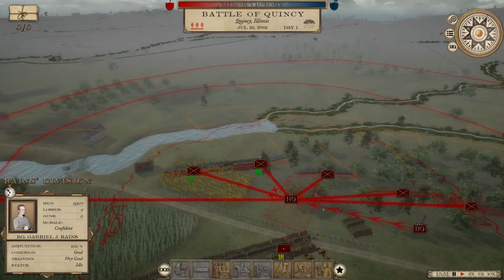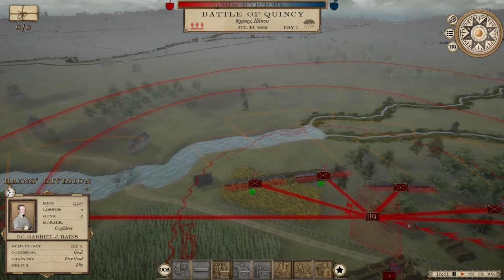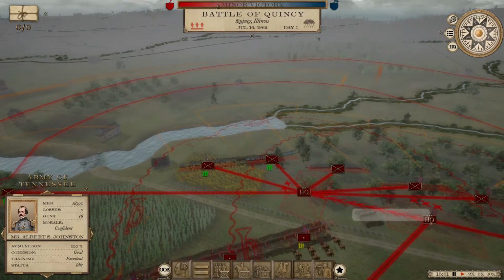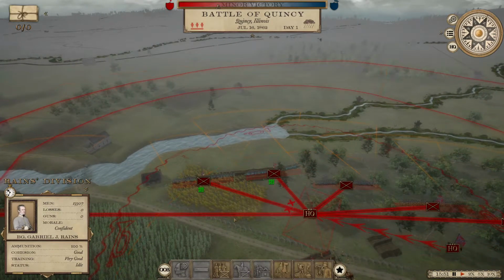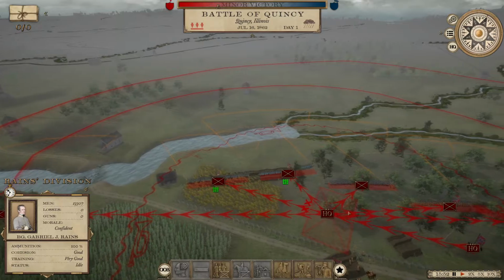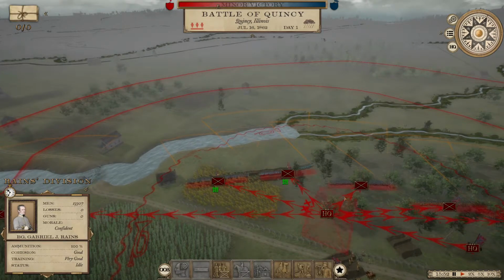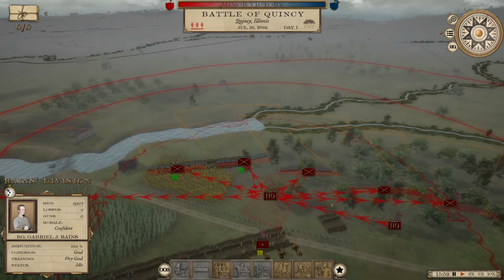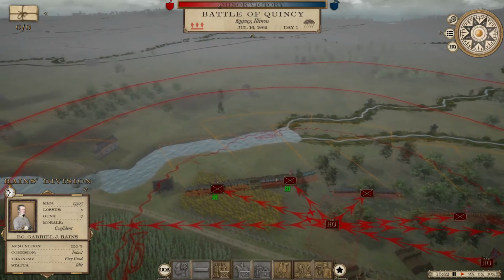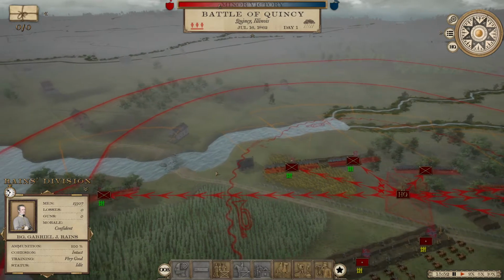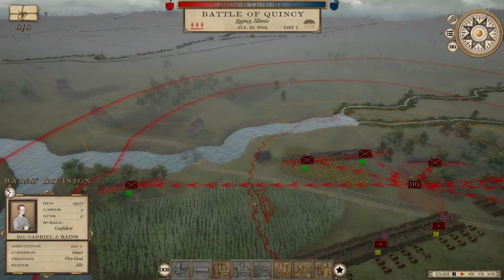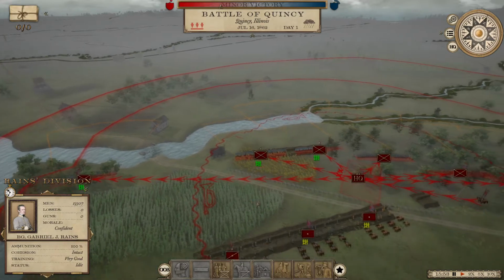So again, the closer you are, the less far the messenger has to go. It's going to come into Raines's HQ from Albert Sidney Johnston's, the army commander, to the division commander. And then he immediately turned around, very good reaction time, and he is now transmitting that order to each of those brigades.